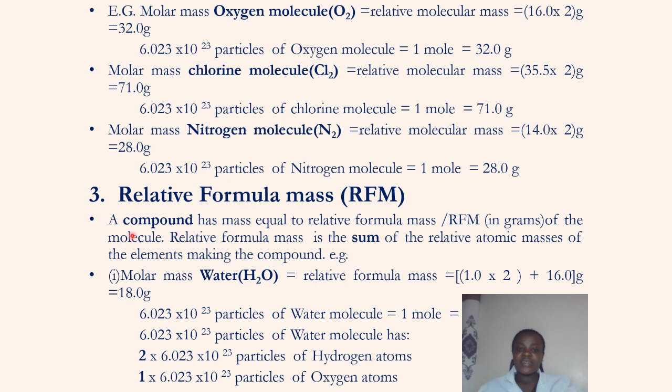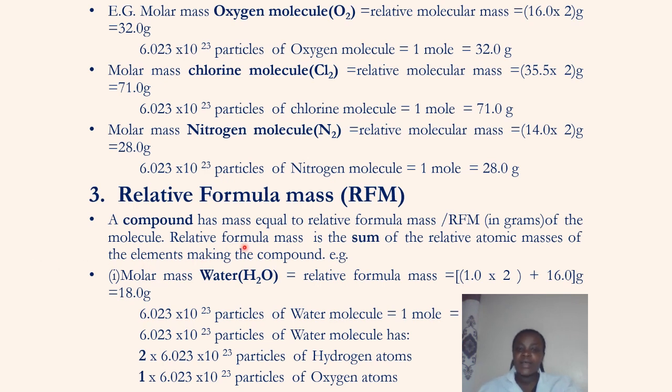So we are still comparing the relative atomic mass, the relative formula mass, and the relative molecular mass to the molar mass, or to the mass of that molecule, that compound, or that element. So a compound has a mass equal to the relative formula mass in grams.